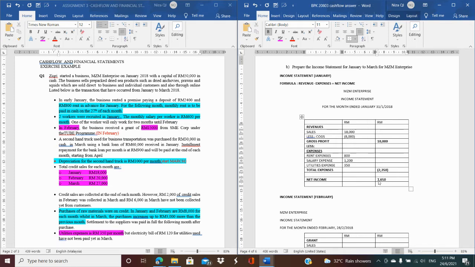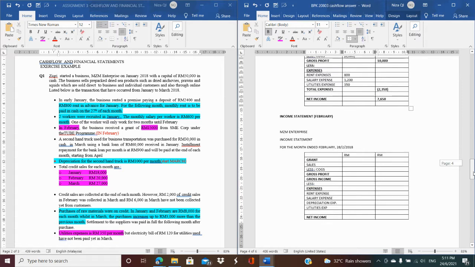So 10,000 minus 2,350, so that will be the net income. The net income for that month. So this is the net income for January.